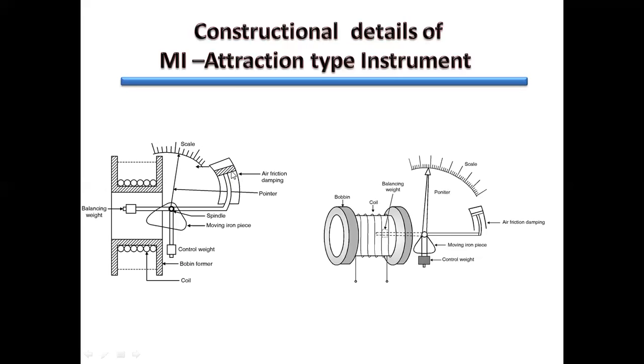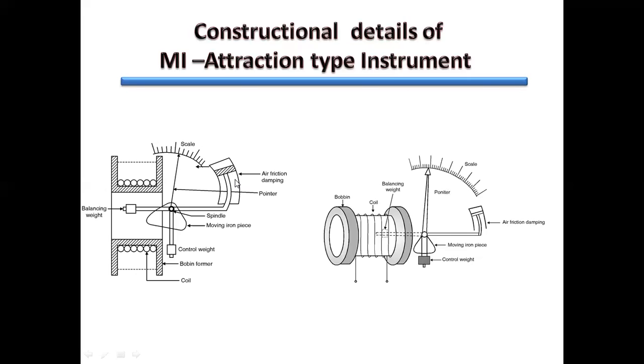In the similar way, when this rod travels in downward direction, the air pressure in this section will be more, and that air pressure will put an opposite force, or rather it will not allow the piston to move.